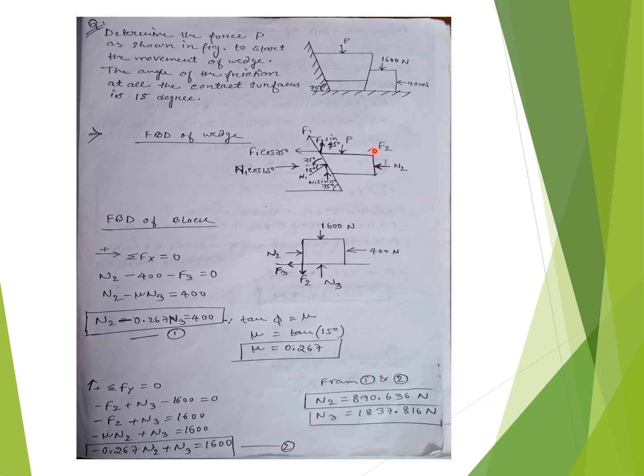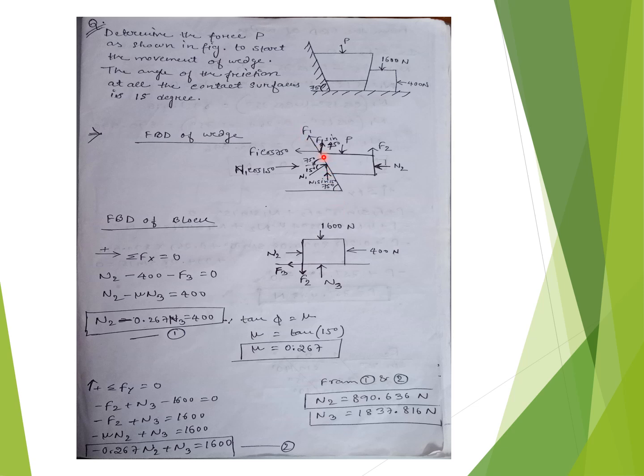F2 is also a force acting. N1 is the contact reacting force acting perpendicular to the contact surface. So we find the components of N1: N1 cos 15 degree and N1 sin 15 degree.